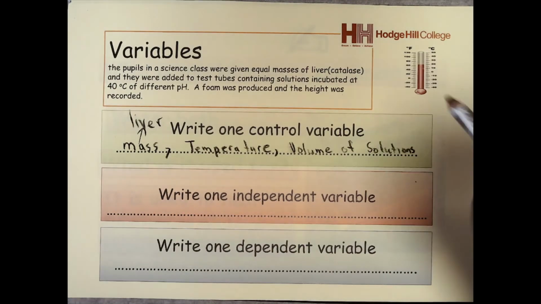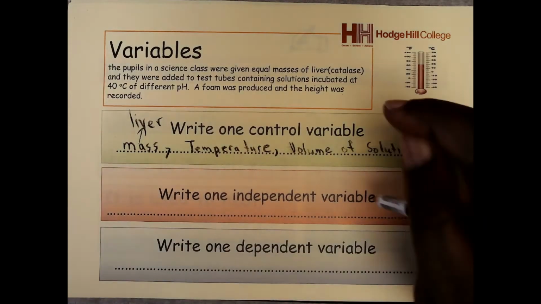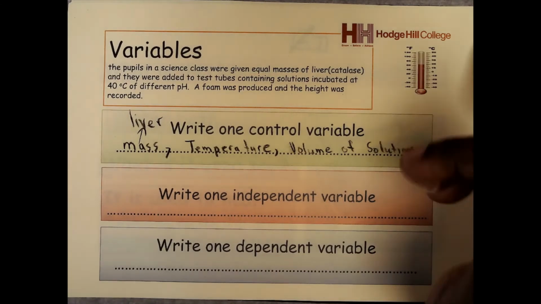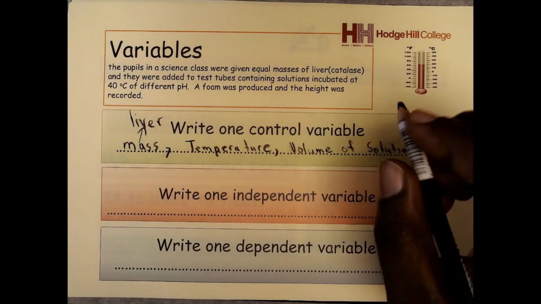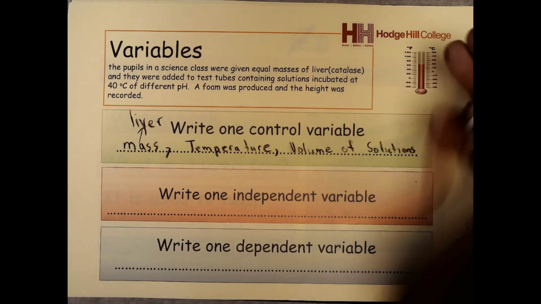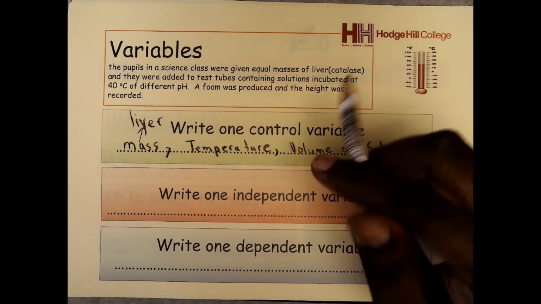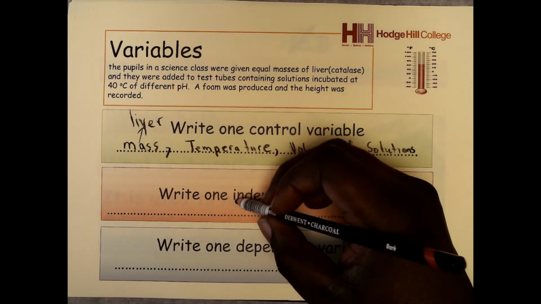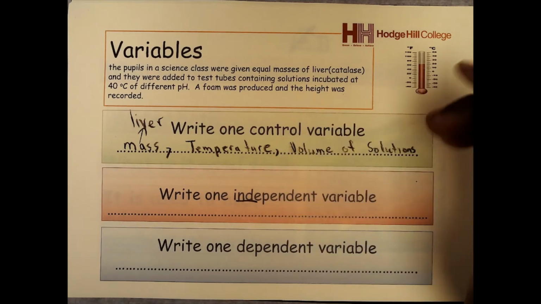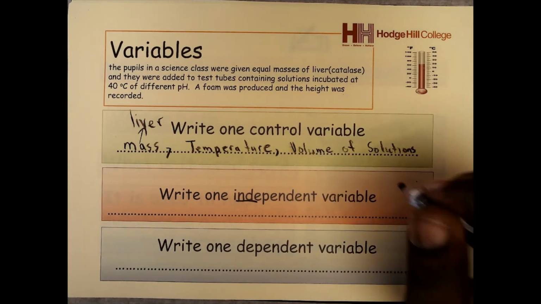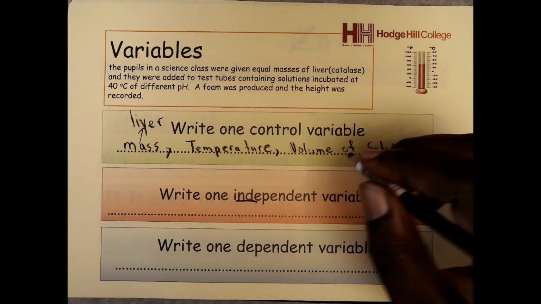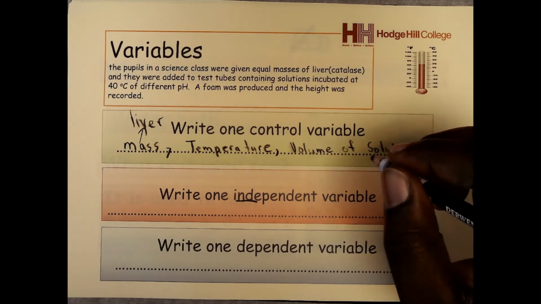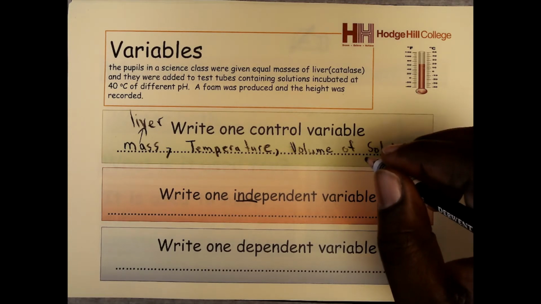Now, when it comes down to the independent variable, it's something that we actually change. So make sure you pay attention to the key part. Independent is what we change. So from the experiment, we change pH.